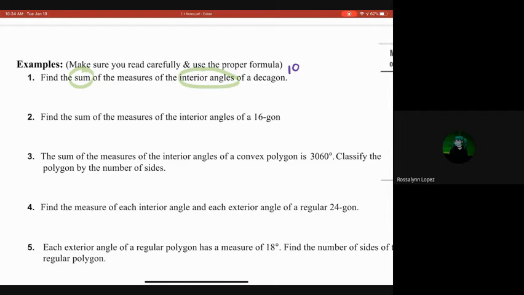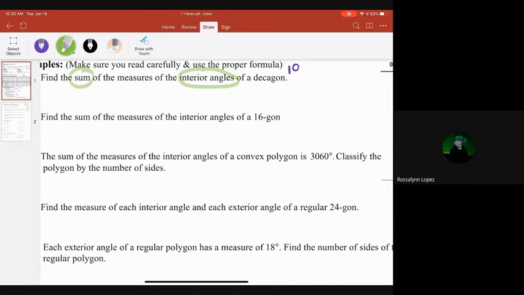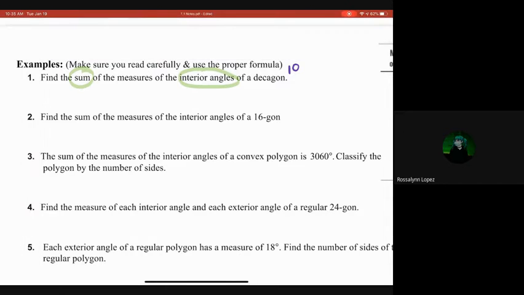So if you take a look at the front of your notes, is there a formula for this? To find the sum of the measures of the interior angles. People at home, don't be afraid to chime in as well. Any ideas? The sum of the measures.